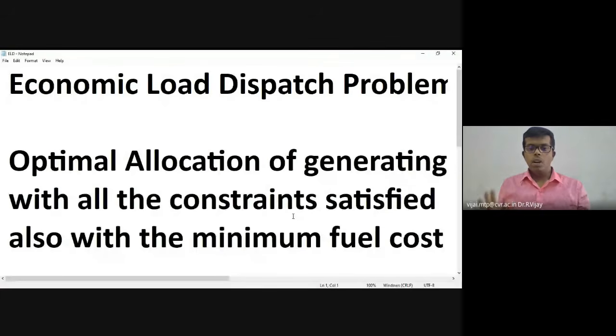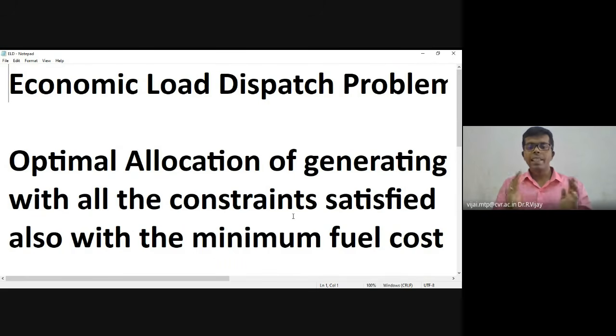So how to define a general optimization problem as well as the constraints. What is optimization? Optimization is defined as minimizing or maximizing an objective function subject to constraints. Sometimes the objective should be minimized, sometimes the objective should be maximized.